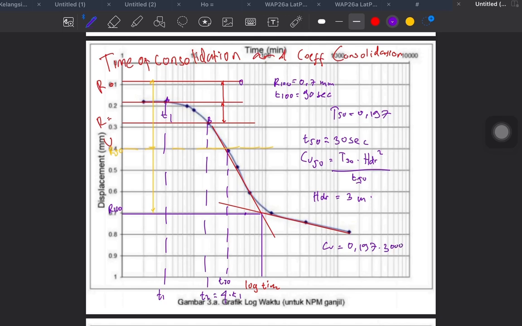We have to convert this to millimeters, so it's equal to 3000 millimeters, 3000 square, divided by 30. After we calculate it, we can get the value for the CV with the Casagrande method.